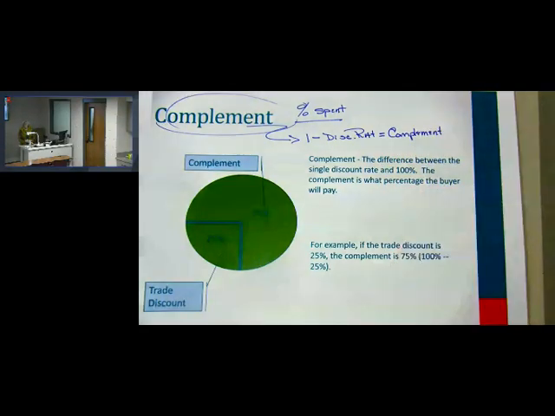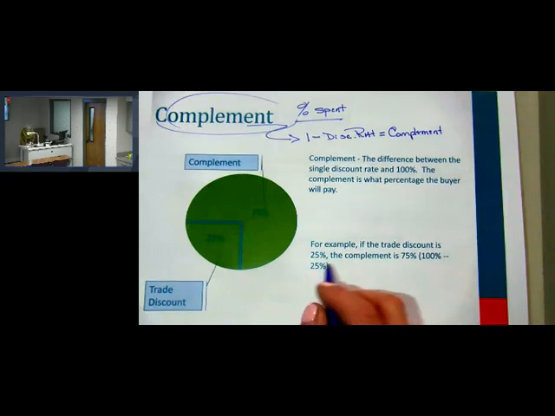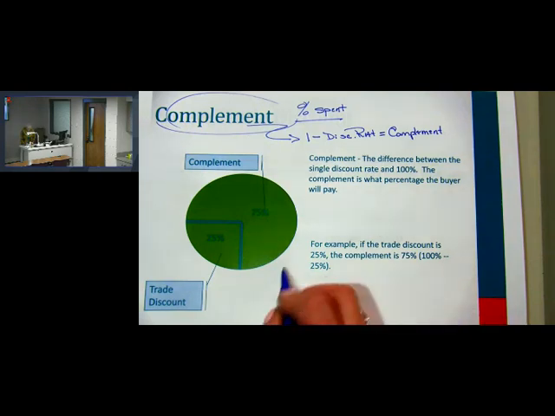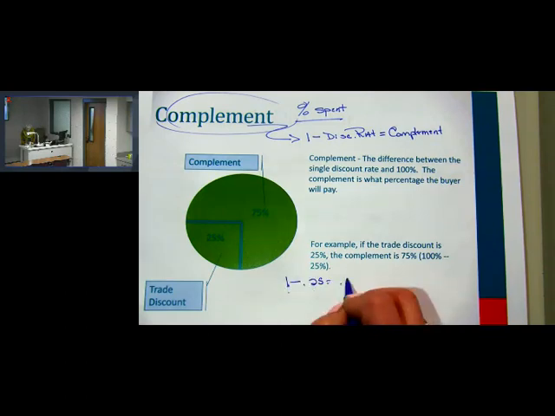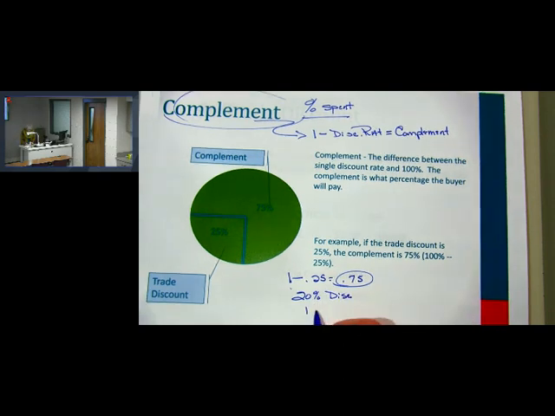That's the complement. So, again, some examples. If it's a 25% discount, it's going to be 1 minus 0.25, which is 0.75. That's the amount you're spending of list. If it's a 20% discount, the complement is going to be 1 minus 0.20, or 0.80, or 80%, that's what you're spending.